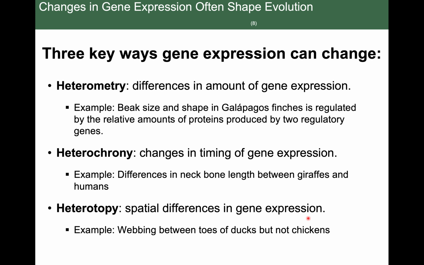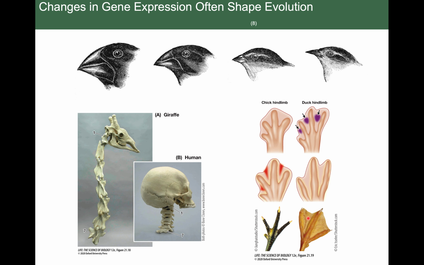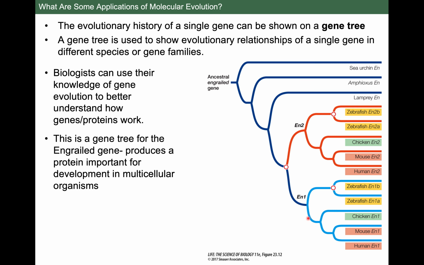But really, just as powerful, we can just change the expression patterns of genes in various ways, and that can also shape evolution in a very dramatic way and create new body forms. And you put those two things together, right? And maybe it's now not surprising that evolution is constantly producing new morphologies and new body forms.